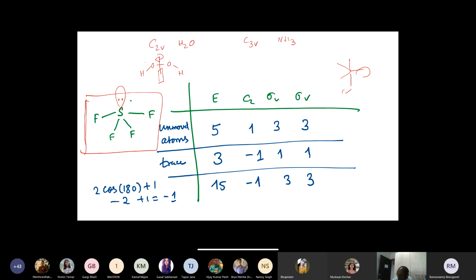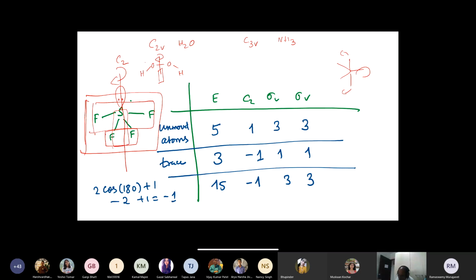I think these two bonds get slightly bent and it goes to a seesaw type. So essentially, you have this C2 axis, sigma V. And these two are out of plane. This is the one plane sigma V, and the other one is these 3 atoms. So SF4 is another beautiful example of a C2V molecule.